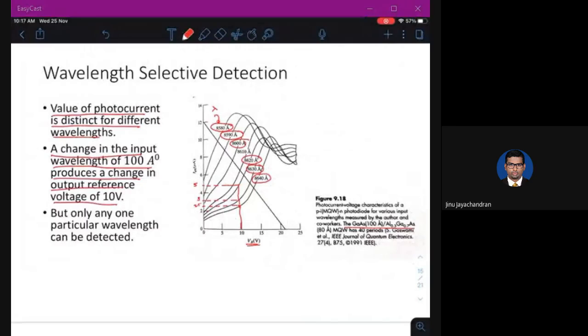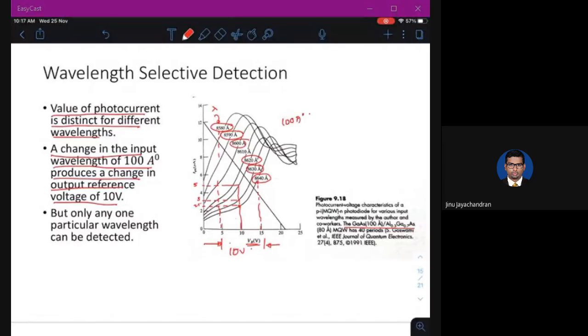Okay, so this is around 8640, and this is 8580. The difference between these two voltages is around 10 volt, and the wavelength that can be detected between these two voltages has a difference of 100 angstrom.